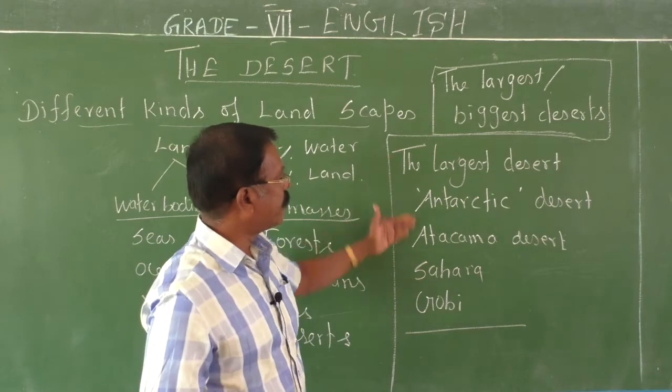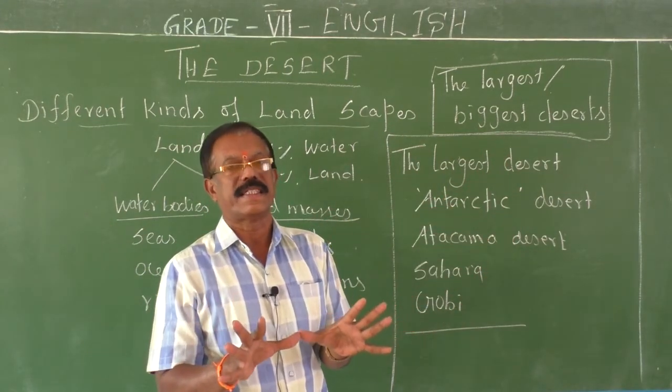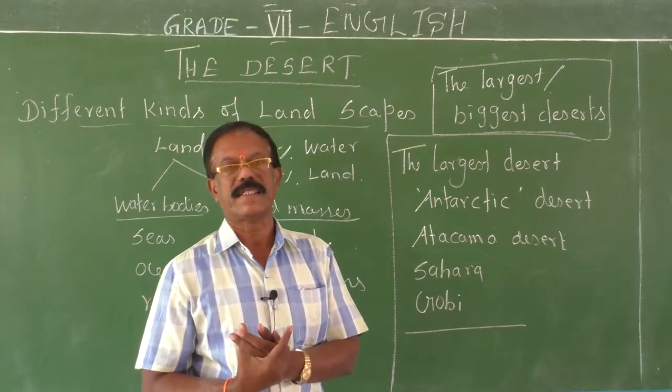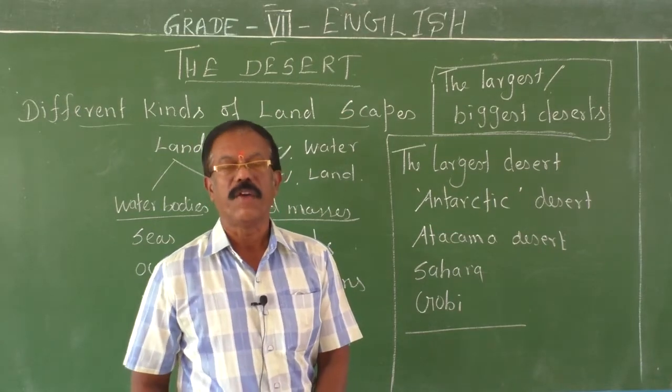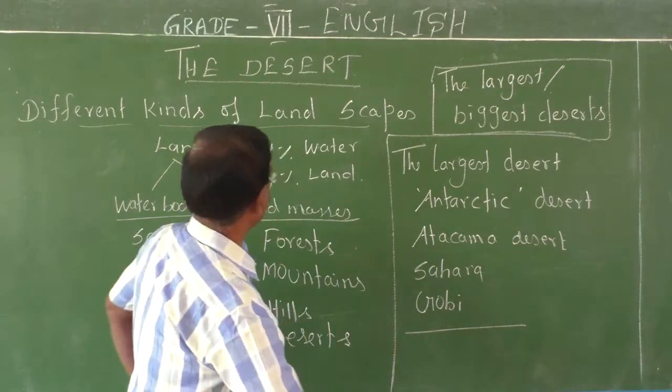You might have learned the structure and landscape of all these deserts in geography, and if you go through the atlas, you can find all these things. Next I will explain what a desert is and what the structures of deserts are. Okay children, closely follow me.